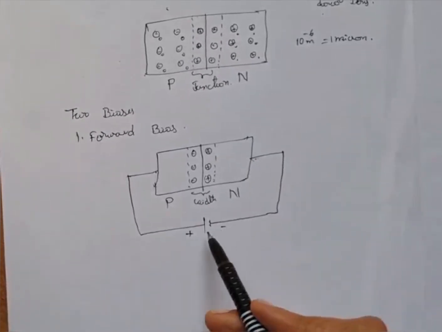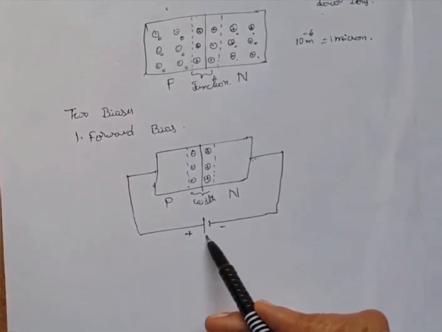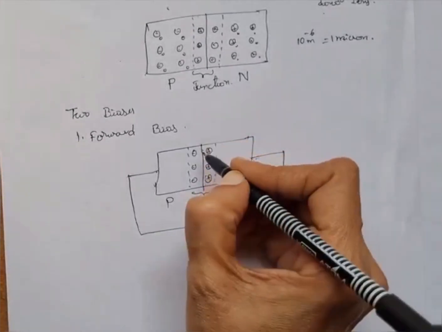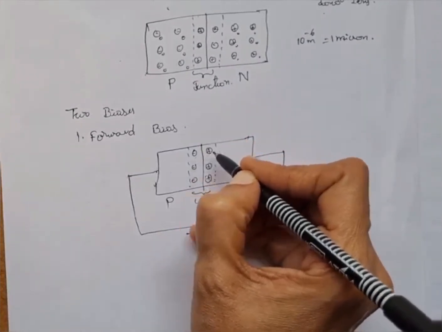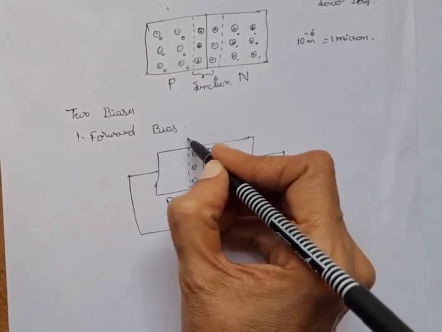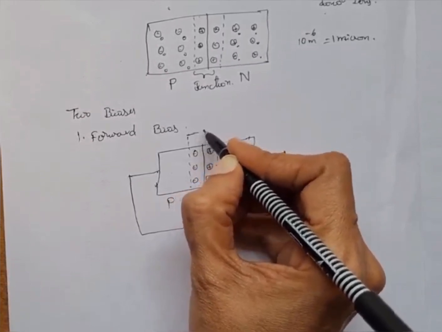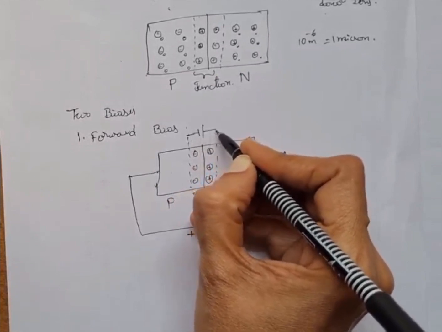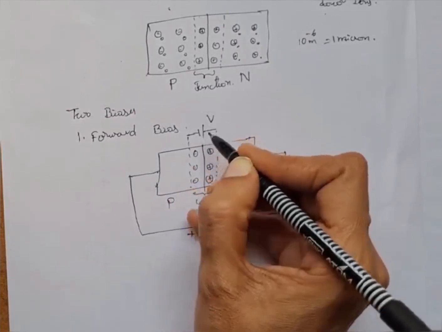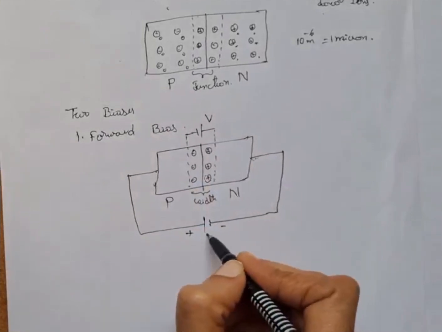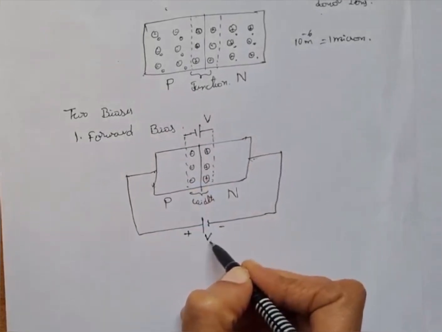Here we are applying some potential, and internally the electrons and holes move towards each other. Here one voltage appears, right? This is the external voltage we are giving.